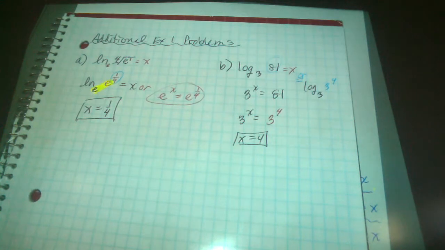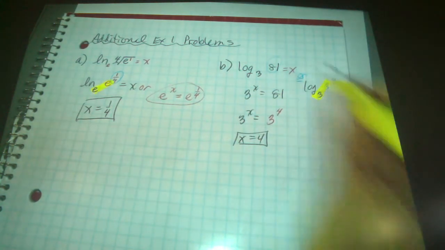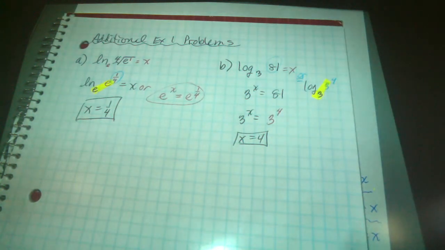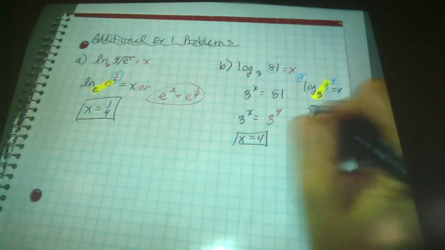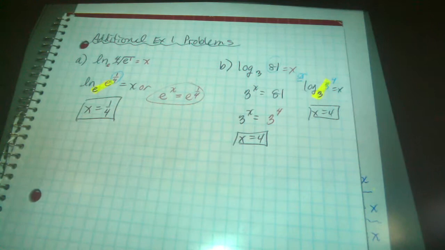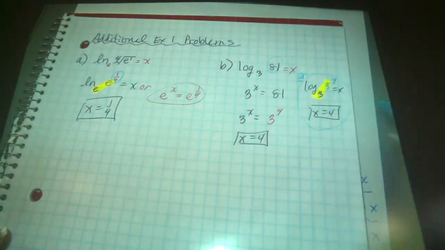And so because these are the same, that equals x. Doesn't x equal 4 also? We have the same answer. Just two different ways of approaching it, using your properties or putting it into exponential form. You choose whatever way you're most comfortable with. It doesn't matter.